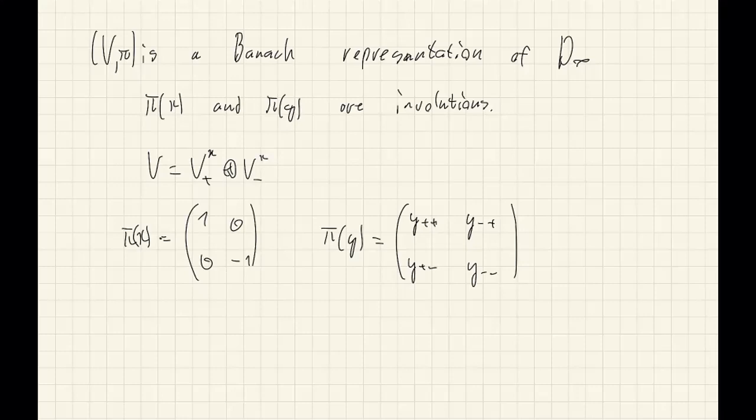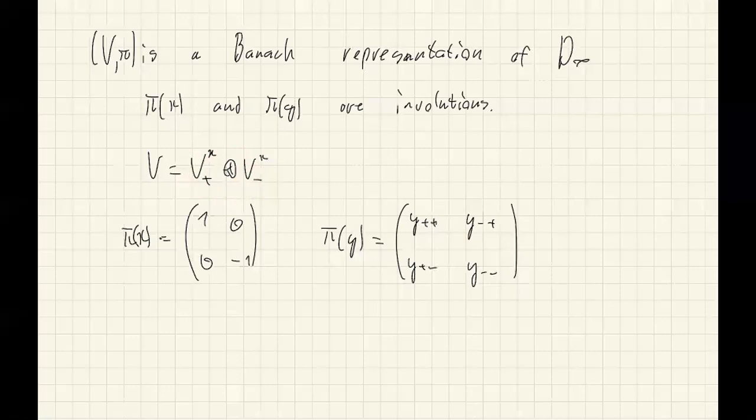I wrote down last time 4 equations for Y squared to be the identity, but we used these equations for an important result, and precisely Y plus plus and Y minus minus are operators on V plus and V minus respectively.